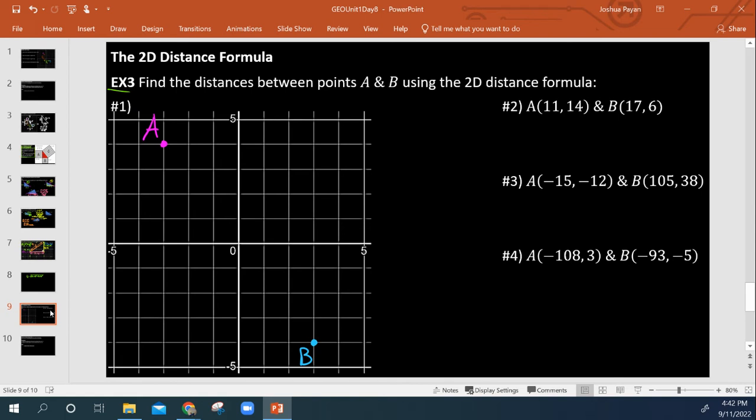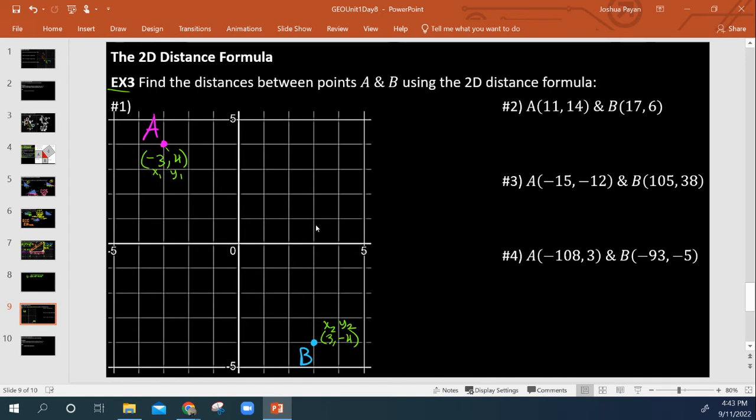So here in this first example, we're trying to find the distance between A and B. Okay, so A is at negative 3 by 4. We'll call this x1, y1. B is at 3 by negative 4. And we'll call that x2, y2.